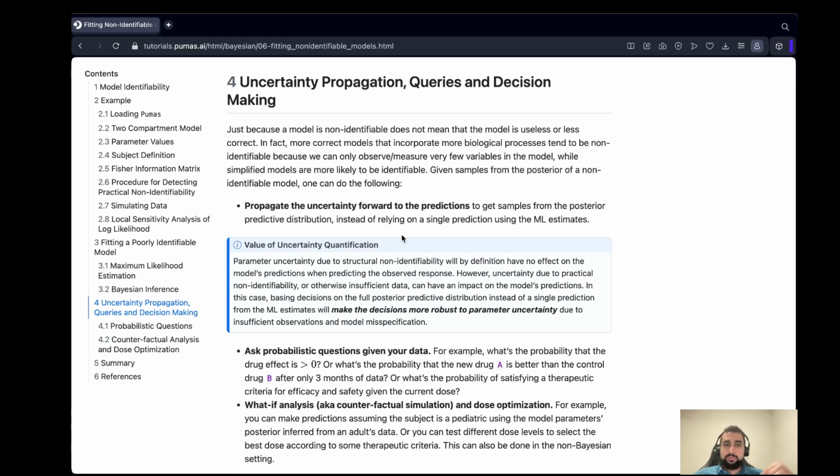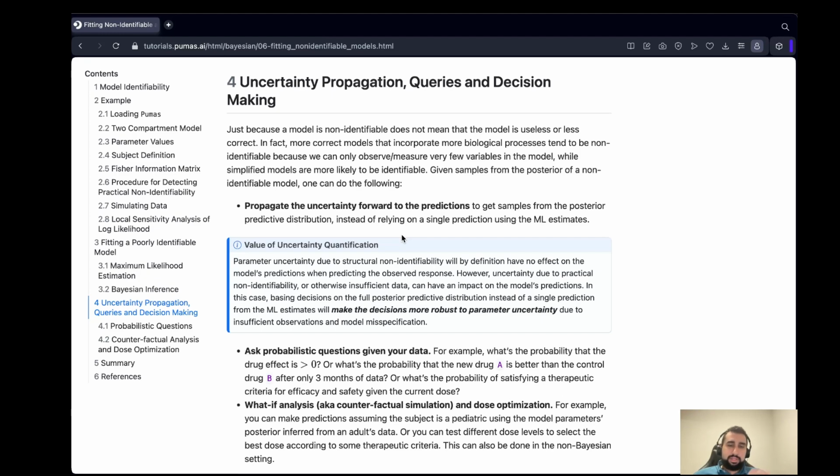One event, for example, is achieving a certain therapeutic range. So maybe an event of achieving a certain efficacy criteria, or avoiding a certain safety risk, or achieving a safety criteria.